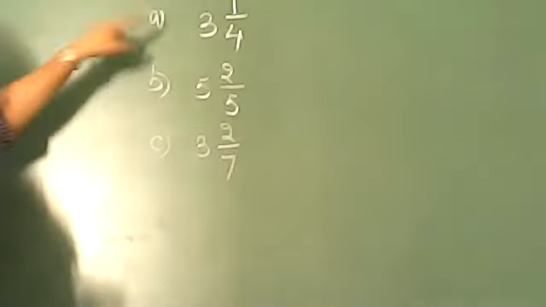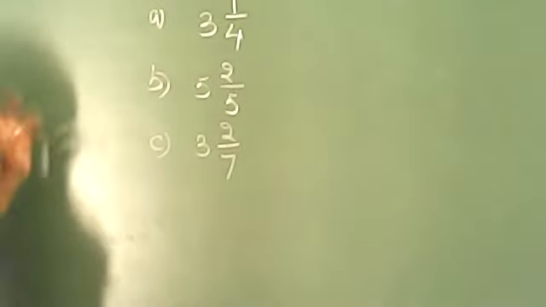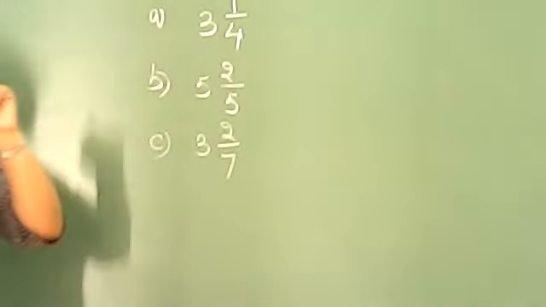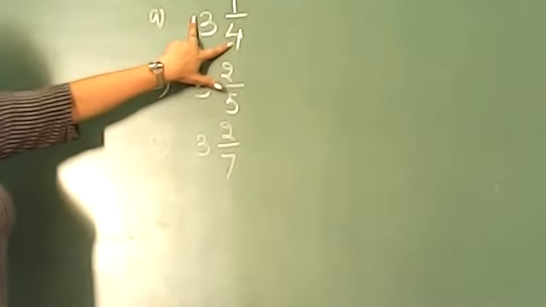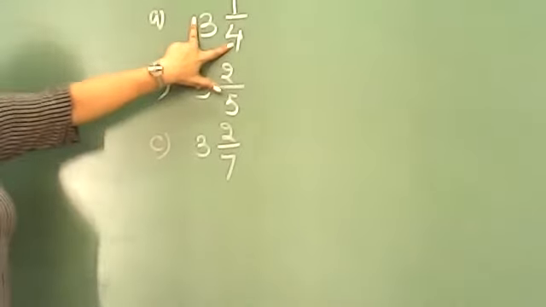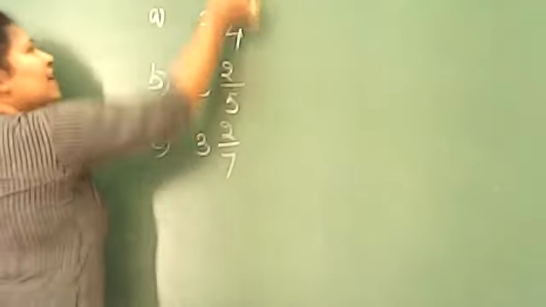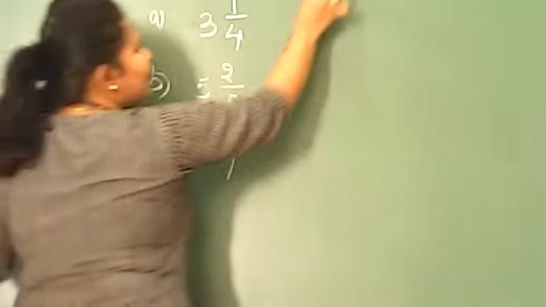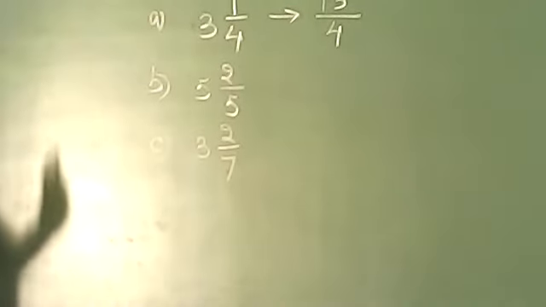Let's understand the first one, and then the other two you will try right now. For this one, what do we do? We always multiply these two, Q with D. 3 into 4, what will come? 12. Then add this one: 12 and 1, 13. 13 by 4. The denominator remains the same only.